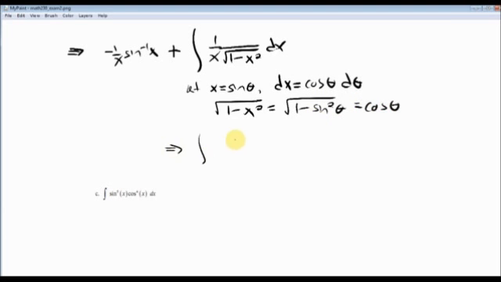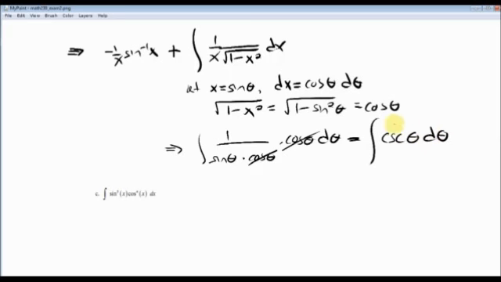So it's going to turn into 1 over, now the x is sine theta, this portion here turned into cosine theta, and then dx, which is cosine theta d theta, that all cleans up to be, the cosines are going to cancel, leaving 1 over sine, which is cosecant theta d theta.